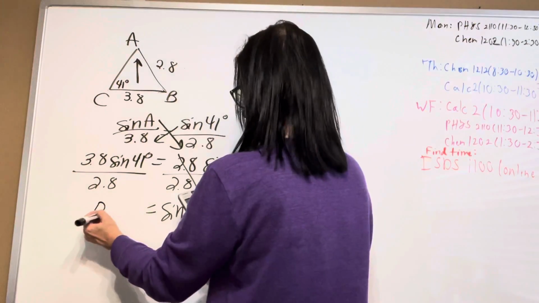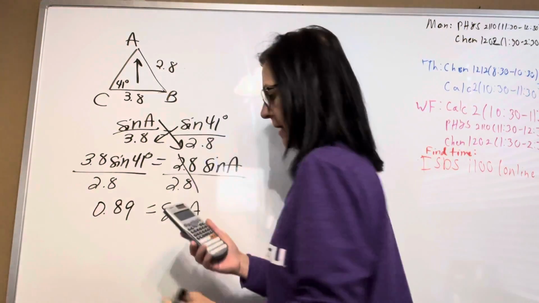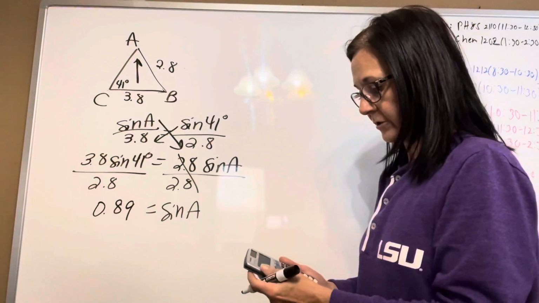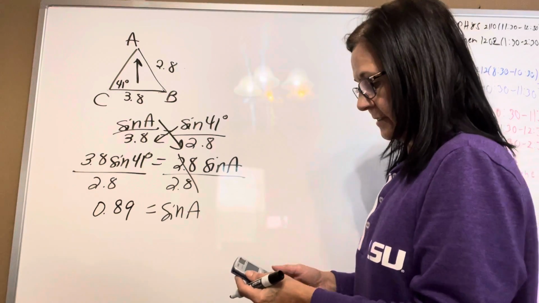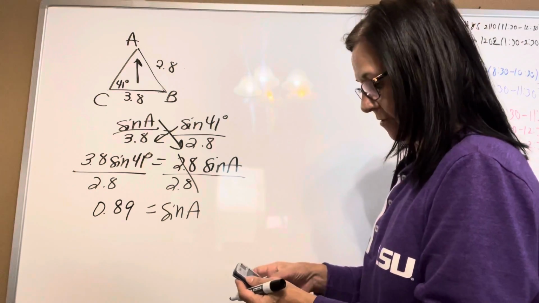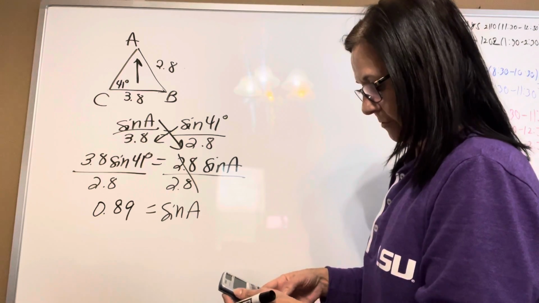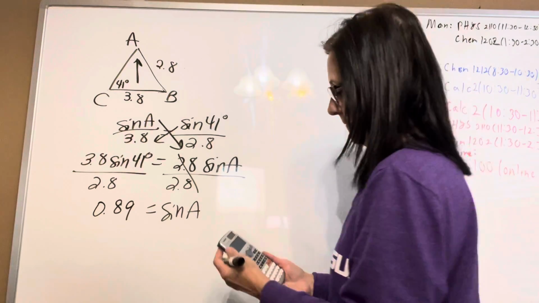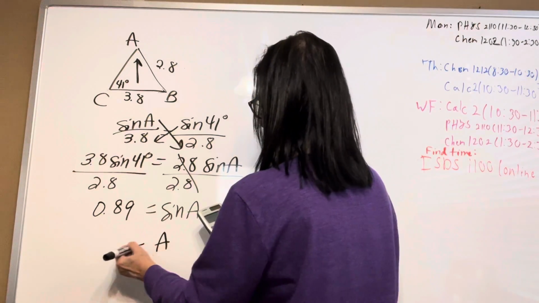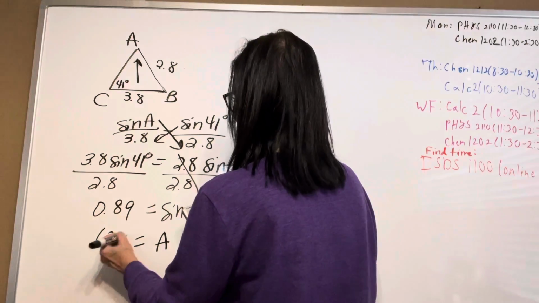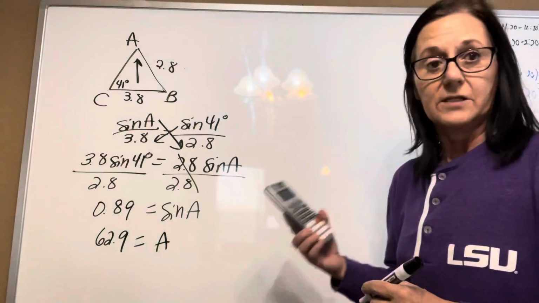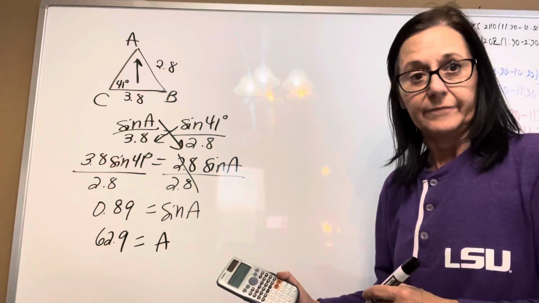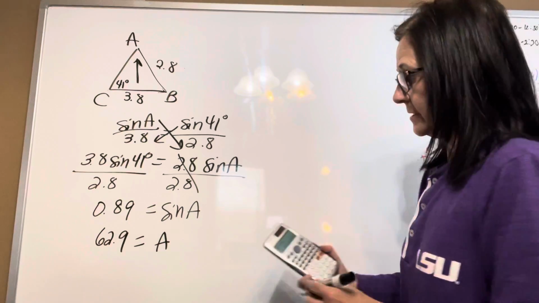So it's 0.89. Now I'll do inverse sine, and A is 62.9.